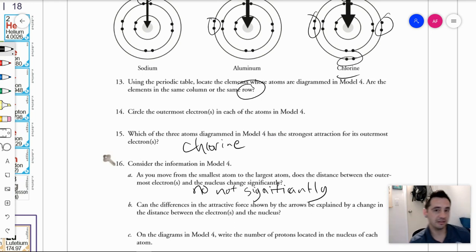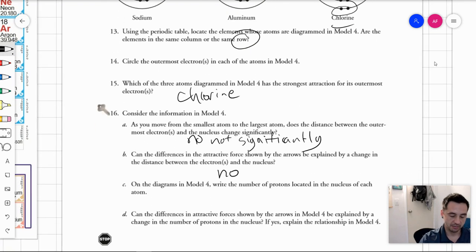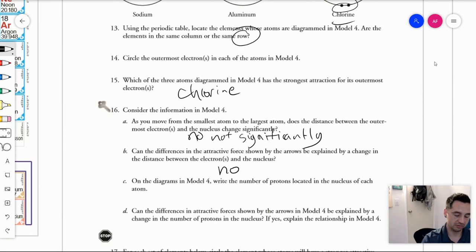When we talk about distance, really what we're talking about is energy levels. Can the attractive forces shown by the arrows be explained by a change in distance? No. So if it's not distance, it must be the number of protons.